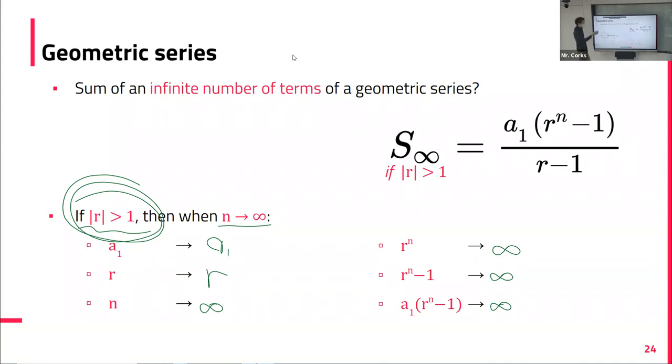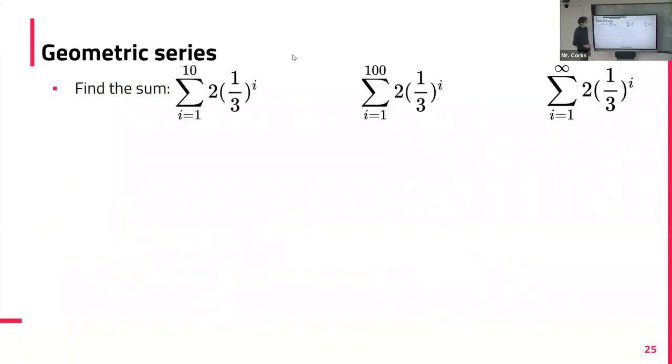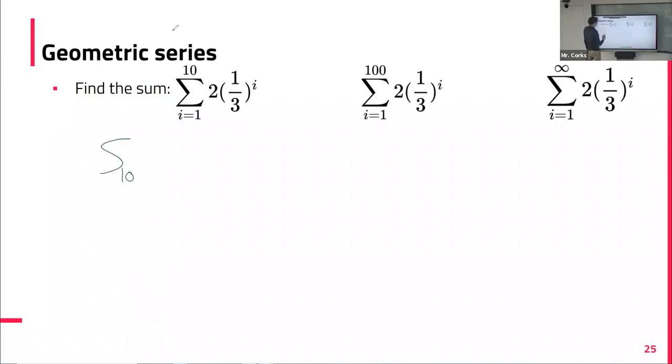All right, let's look at the opposite situation. Very similar, except now our R value is less than 1. So let's take this and simplify. S10 here, what is our first term? 2/3.